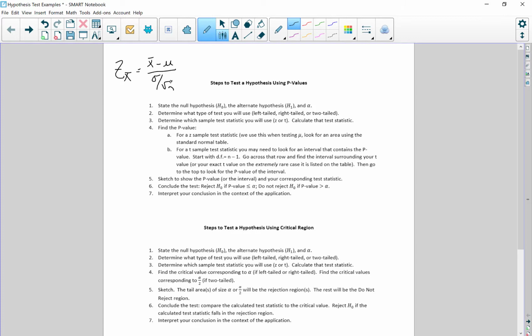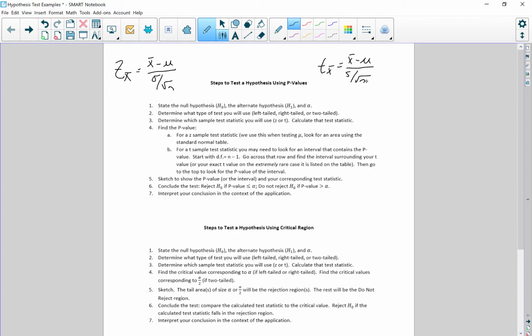So remember, we use z whenever we know sigma. And if it's a t-test statistic, t of x bar is going to equal x bar minus mu over s over square root of n. So remember, we use a t-test statistic whenever sigma is unknown. But other than that, the formulas are the exact same.